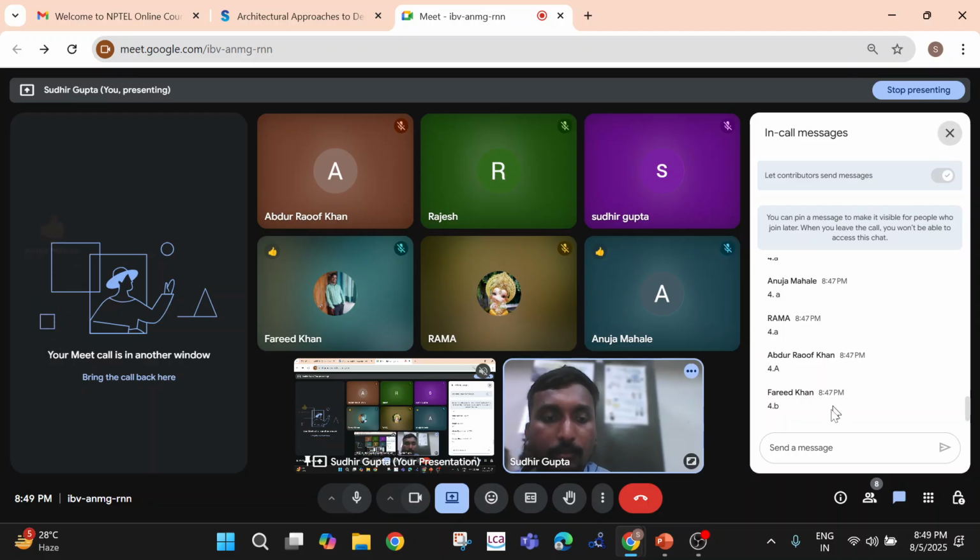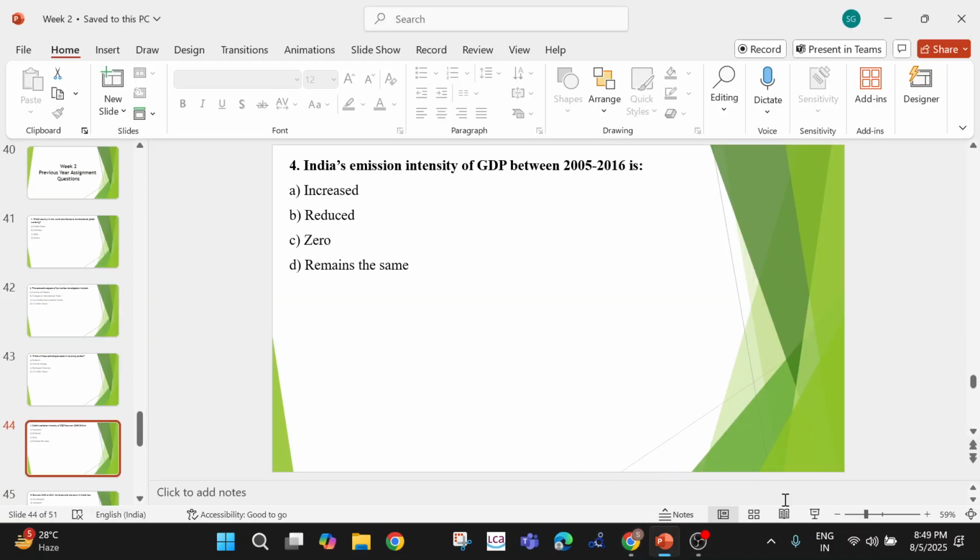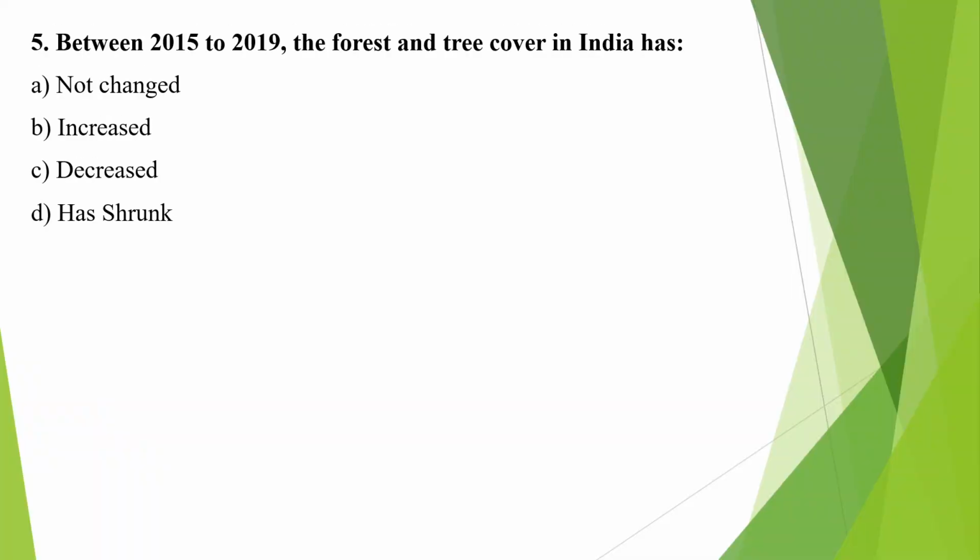Okay, so here is question number 5 for all of you. Between 2015 to 2016, the forest and tree cover in India, what do you think?